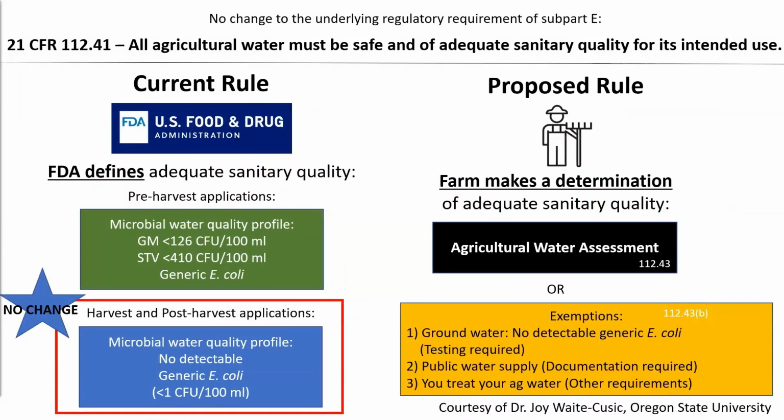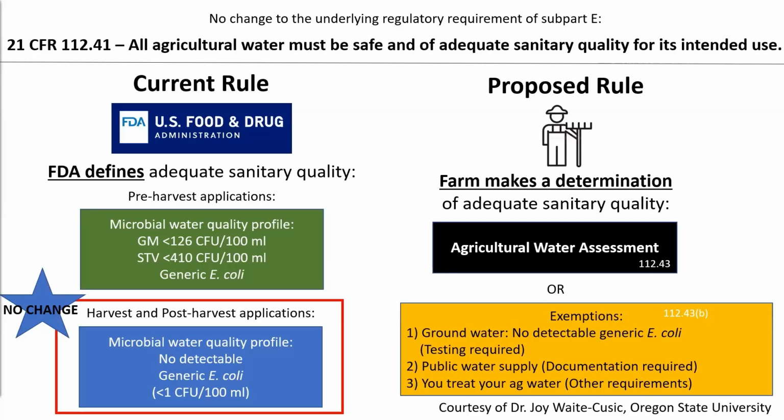I won't spend a lot of time here talking through the regulation, but currently, as the rule stands, FDA has defined what is adequate sanitary water quality for pre-harvest water. They've set these microbial thresholds, so 126 generic E. coli per 100 ml of water is the dividing line between what's acceptable and what's not in terms of sanitary water quality.